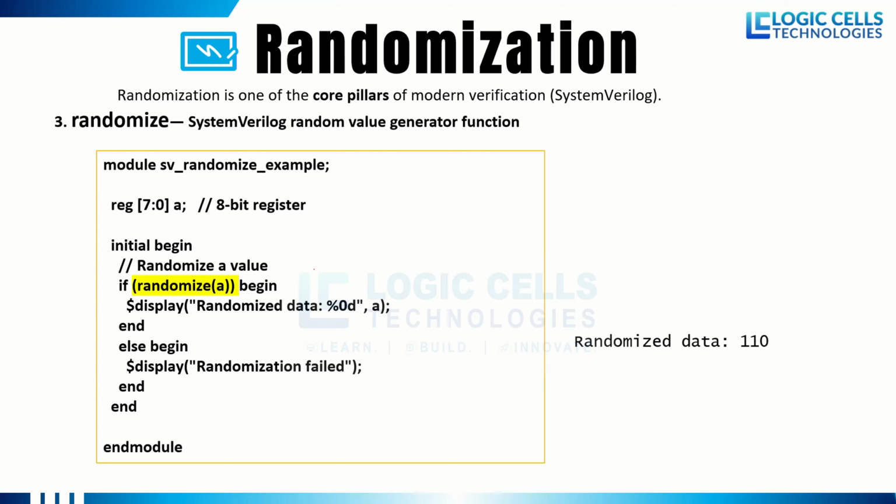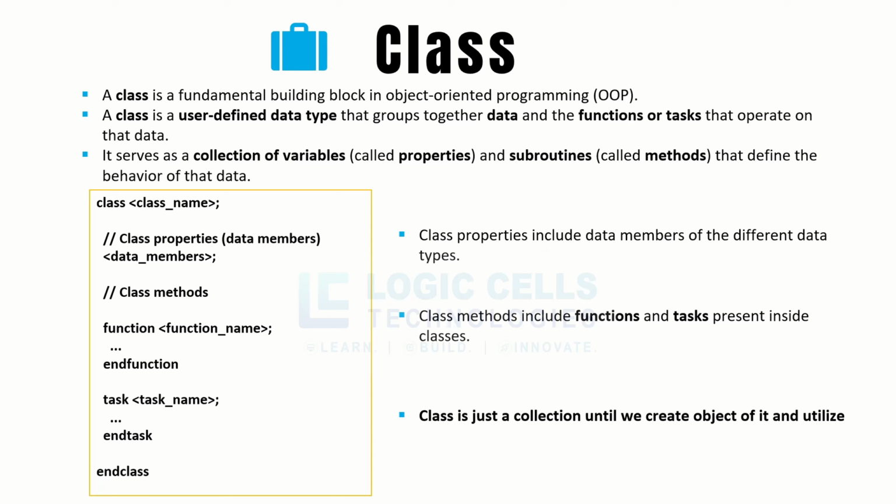So the next way of randomizing is through the randomize function in SystemVerilog. This is a very simple example shown just to get to know how randomize works. We can use the randomize function for a variable: randomize of A will randomize this A. But this is not the exact use case of randomize. We need to understand classes now. Why? Because SystemVerilog is, remember, SV is Verilog plus OOPS, object oriented programming.